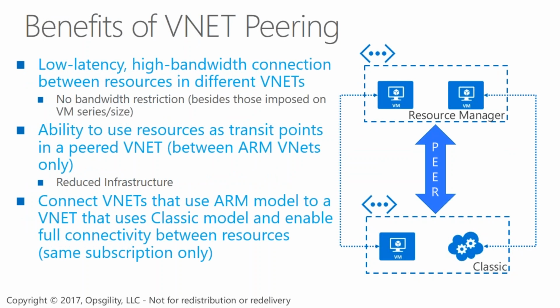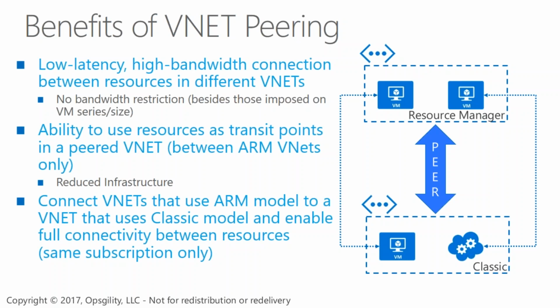Another couple of advantages of VNet peering, as I mentioned, it's low latency, high bandwidth connectivity, but it also gives us the ability to connect a virtual network that's defined in the Resource Manager framework with a virtual network that is provisioned in the Classic or Azure Service Management framework.